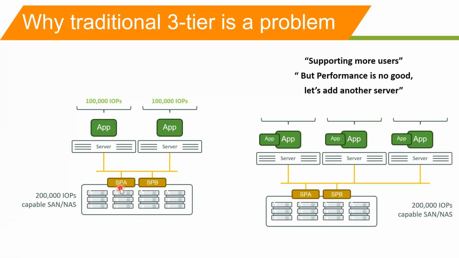I connected two servers, and on those two servers I run some application. The performance of this controller is a maximum of 2 lakhs IOPS. So with two servers, each server gets 1 lakh IOPS, and the total 2 lakhs IOPS is shared by these two servers.